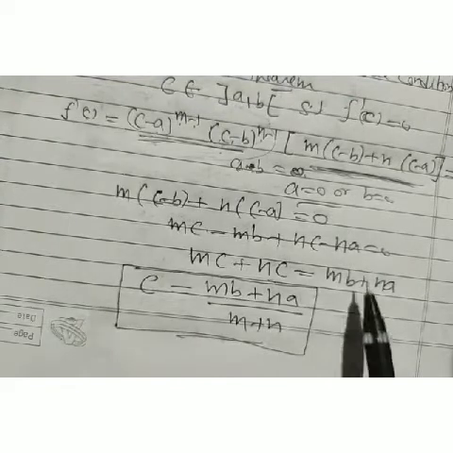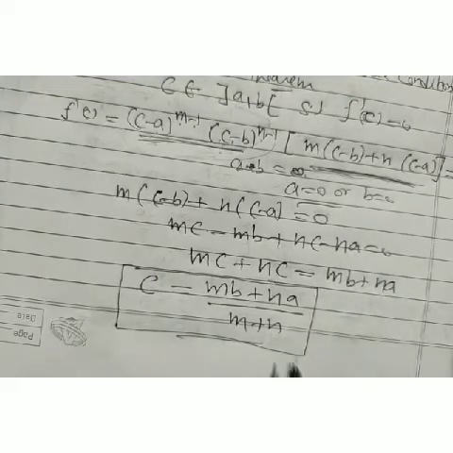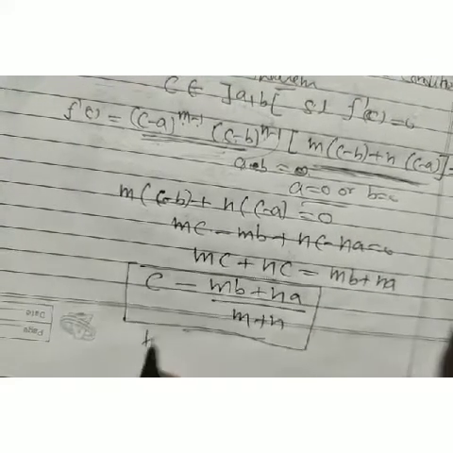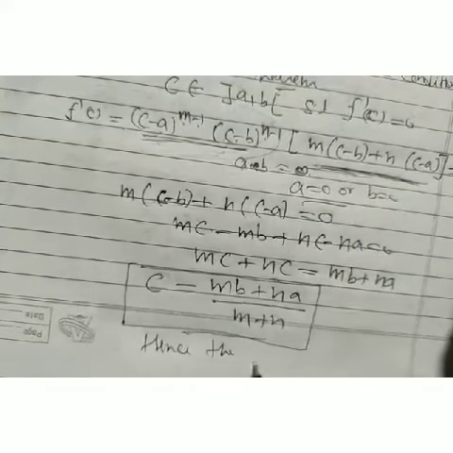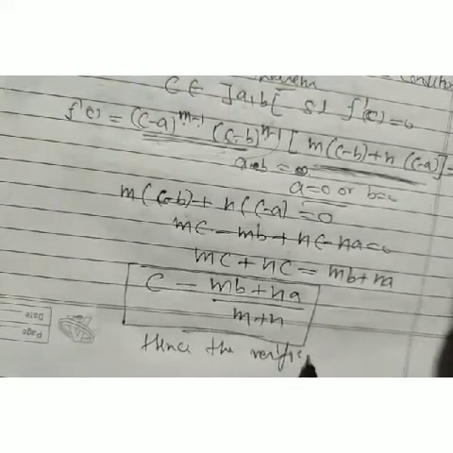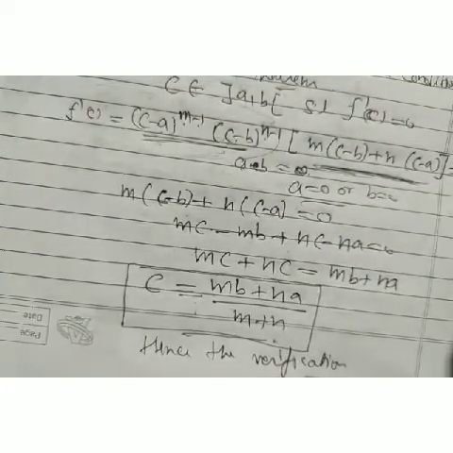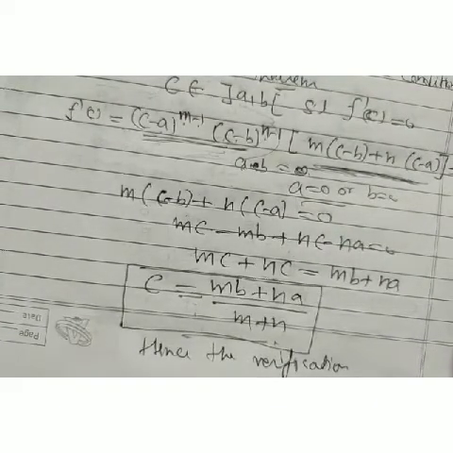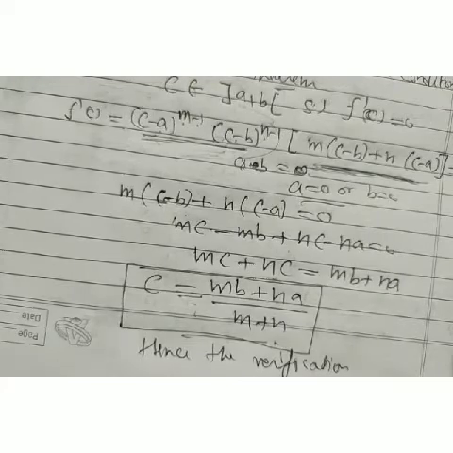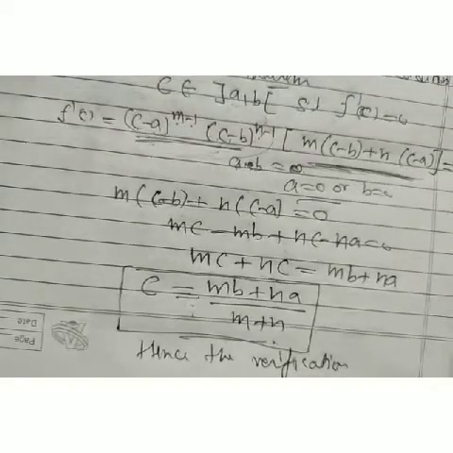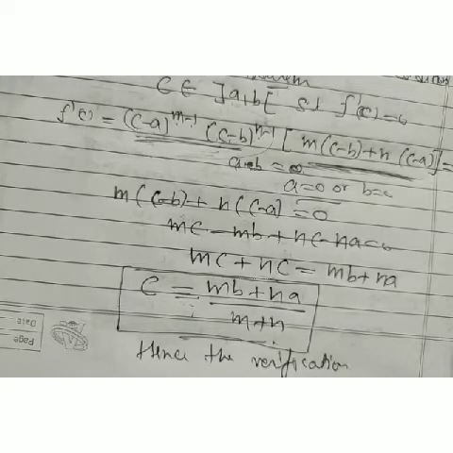Obviously, this point belongs between a and b because it divides in the ratio m is to n. Hence, the verification: because it's our section formula, the open interval AB is divided internally in the ratio m is to n. Hence, it verifies Rolle's theorem. Now we are going to move to another problem.